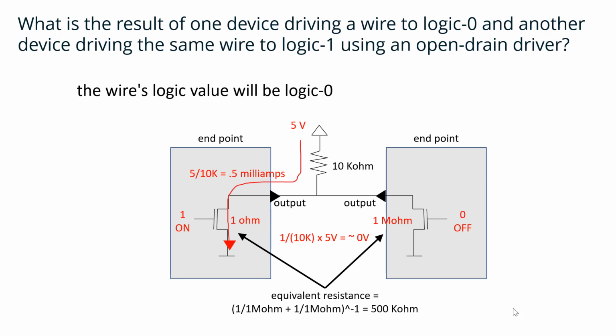So in other words, what I'm trying to say is that if there is a contention on an open drain circuit, the value is going to be determinate, will be a 0, right? So contention on open drain means 0, right? Contention on push-pull means smoke, basically. Okay, it means your chip is fried. But contention on open drain, no problem. It just gets interpreted as a 0, low voltage, logic low, logic 0.